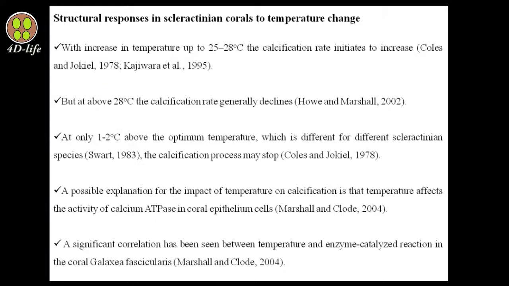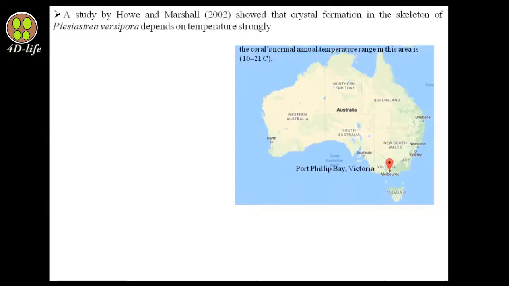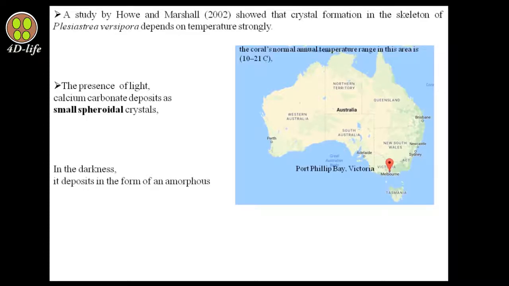A study by Hu and Marshall in 2002 showed that crystal formation in the skeleton of Pocillopora verrucosa depends strongly on temperature. They also discovered that in the presence of light, calcium carbonate is deposited as small spheroidal crystals, while in darkness it deposits as an amorphous sheet-like cementation.